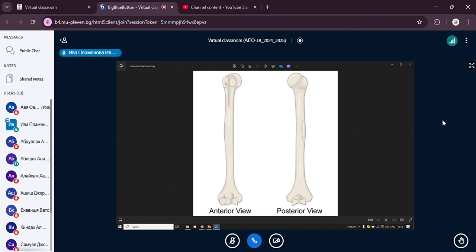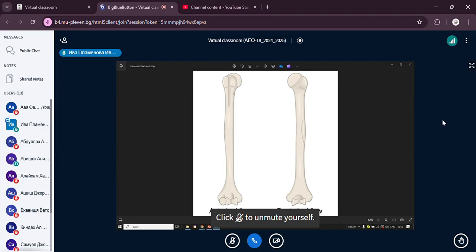What is this? Greater and lesser tuberosity? Yeah, that's the tubercles. Greater tubercle, lesser tubercle. Between them, there is a groove, sulcus intertubercularis, or bicipital groove.